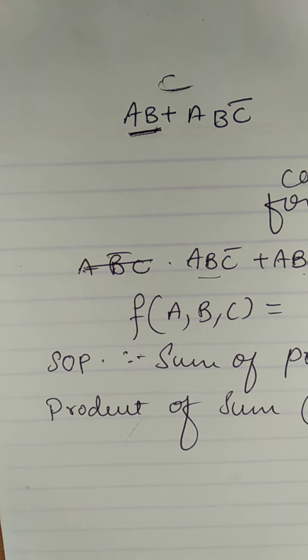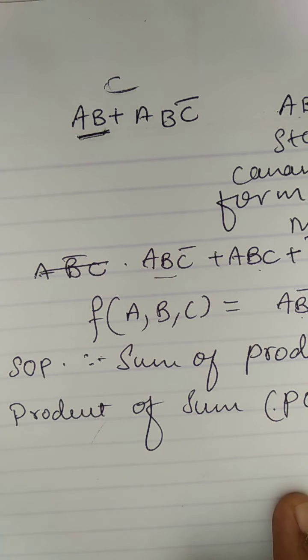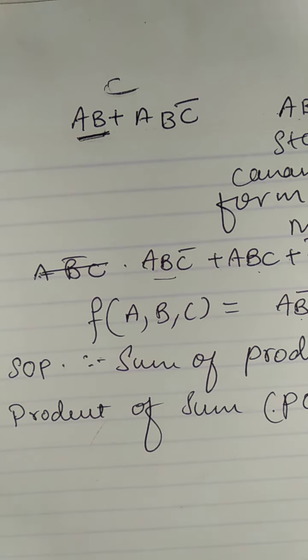So what is a product of sum? A product of sum is a group of sum terms ANDed together.